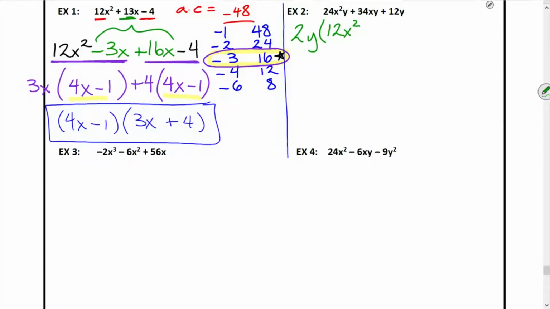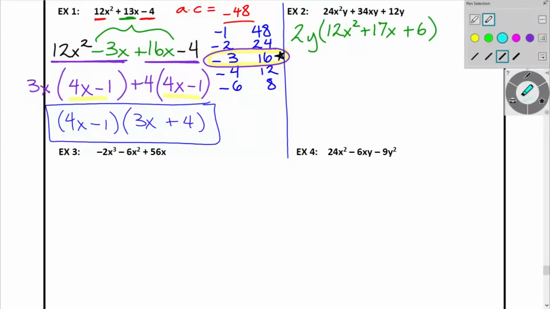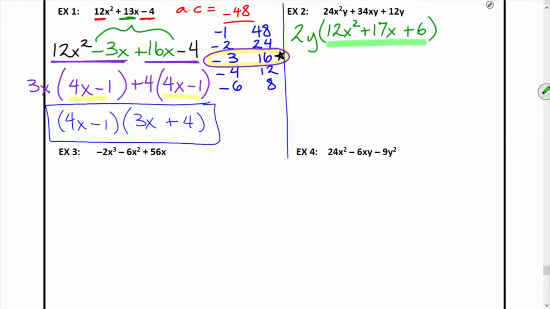Let's see here, 2 times 17 is 34, and I already have a y there, so I need an x here. So 2y times 17x is 34xy. And then 2y times what is 12y? Well, I already have the y there, but 2 times 6 is 12. Whew.